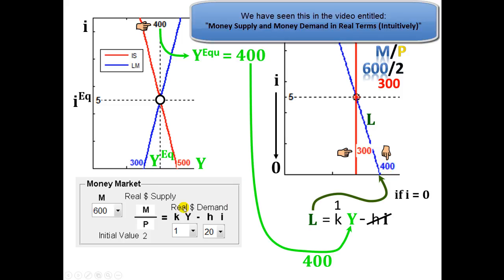If we remember the real money demand or liquidity, which is this L, which is this blue line, the only variables here are L in the horizontal axis and i in the vertical axis. In this equation, Y, income, is constant. So if I don't have a constant value for income, then I am not able to draw this line.